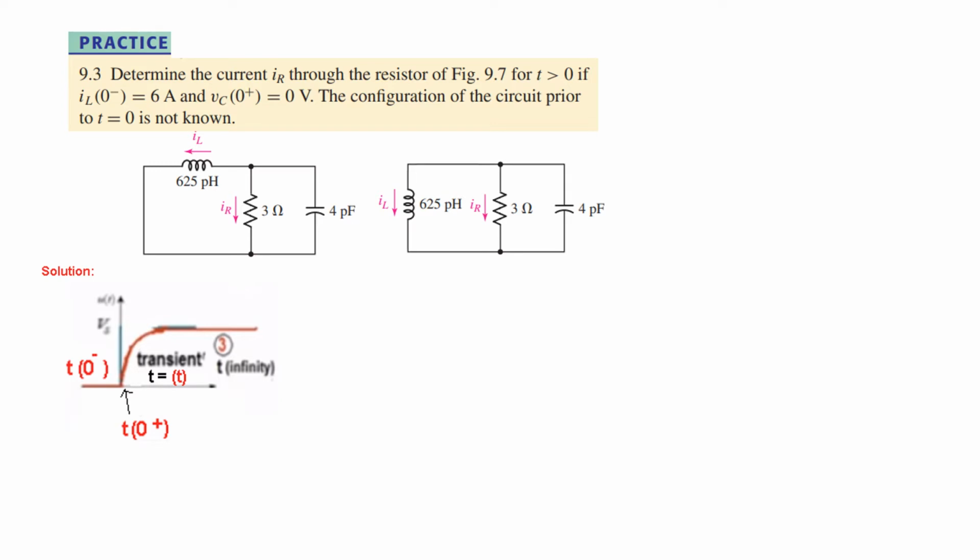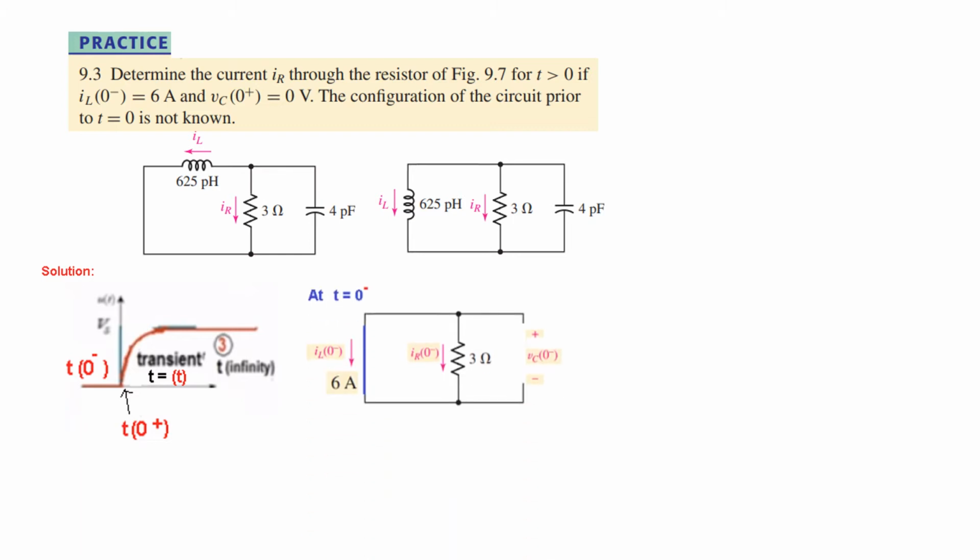Whatever the inductor current IL is at 0 minus, the same current will be at 0 plus, because the inductor current does not change instantaneously. Similarly, whatever the capacitor voltage is at 0 minus, the same voltage will be at 0 plus, because the capacitor voltage does not change instantaneously.